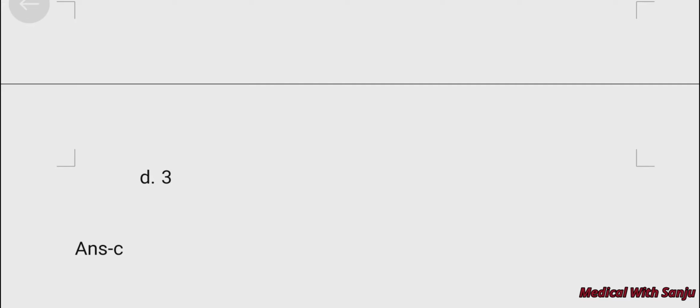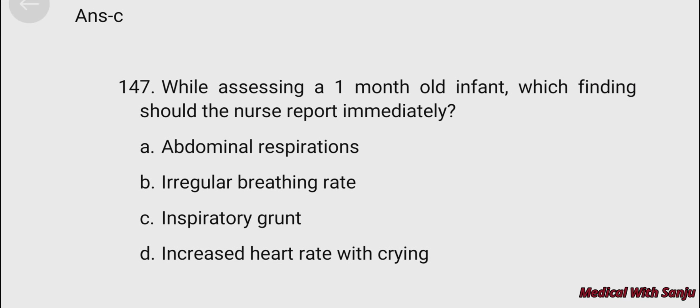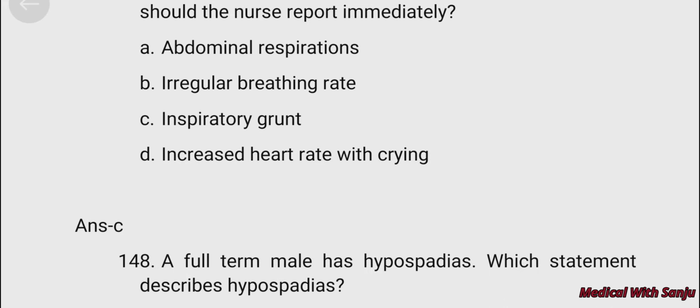So 2, option C is right answer. Question 147. While assessing a 1-month-old infant, which findings should the nurse report immediately? Option A, abdominal respirations. Option B, irregular breathing rate. Option C, inspiratory grunt. Option D, increased heart rate with crying. Option C is right answer.